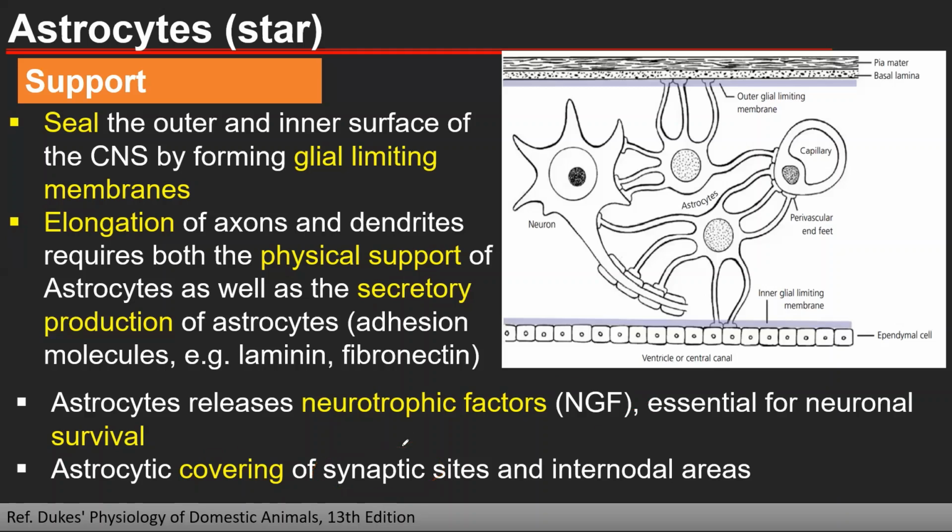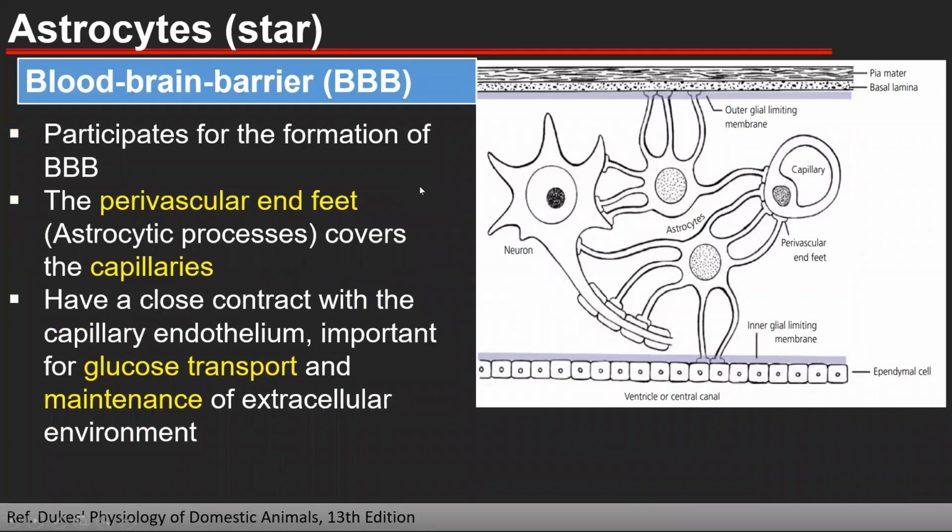So the signaling will not go away from that synapse to the other synapse. And so astrocyte physical support is very important for the functioning of the cell and the structural integrity of the nervous system.